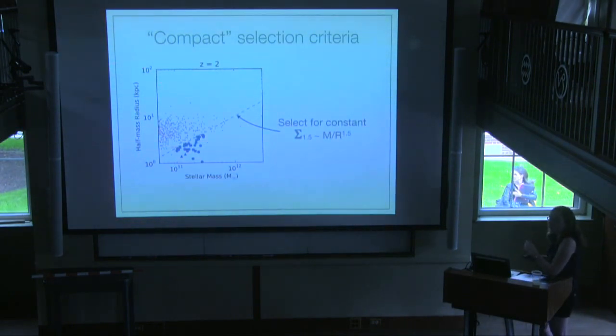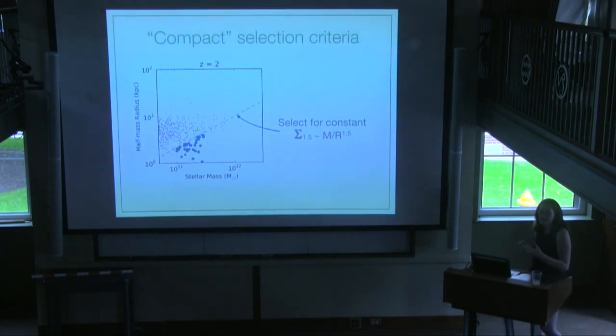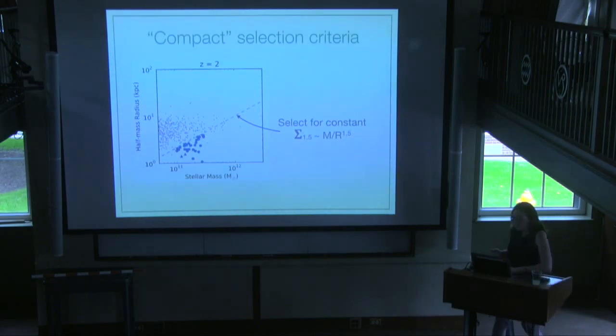So the half-mass radius here is the radius of the sphere that encloses half of the stellar mass that is bound to that galaxy. So it's a measurement of the size. And I made a cut in this sigma 1.5, which is sort of a surface density cut, and picked a certain stellar mass range here. And I got a population of compact galaxies.